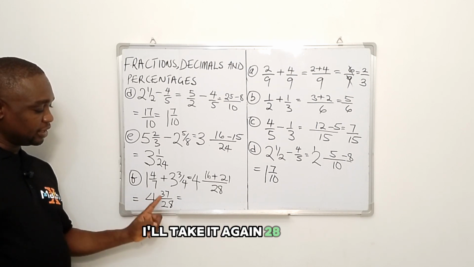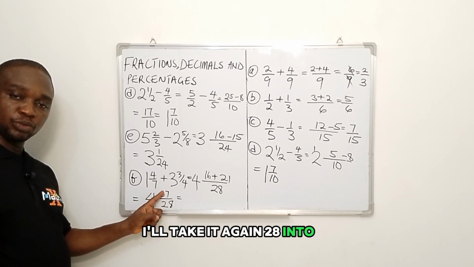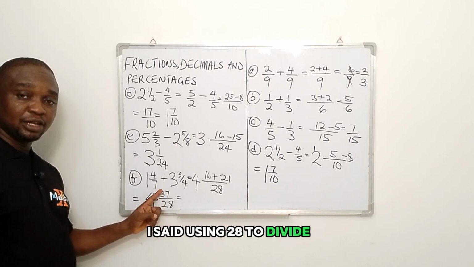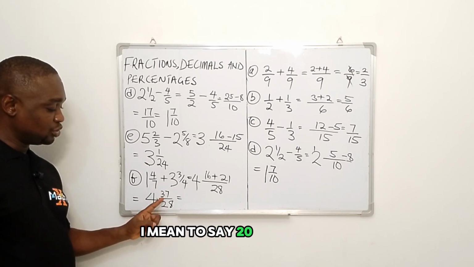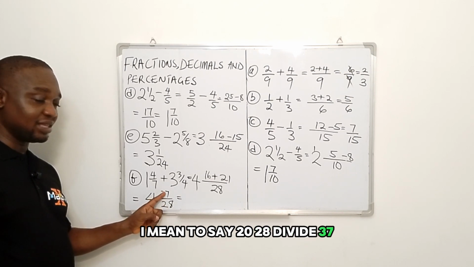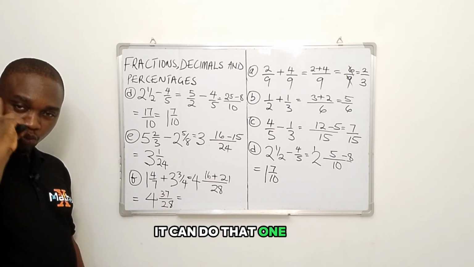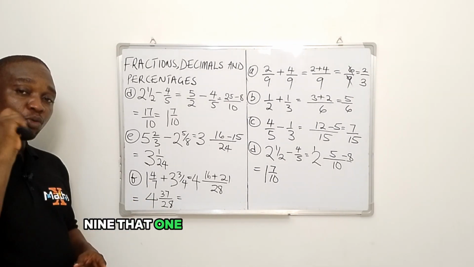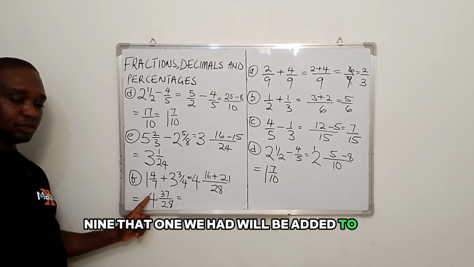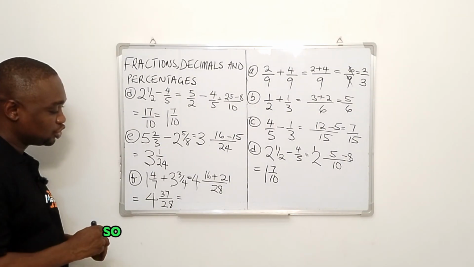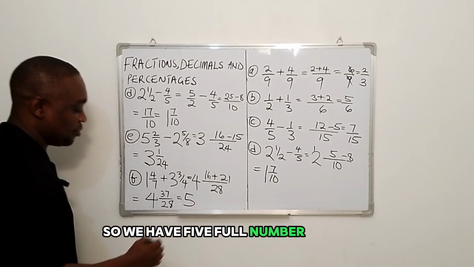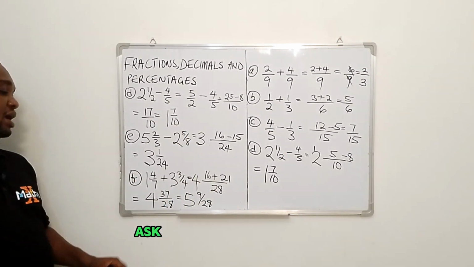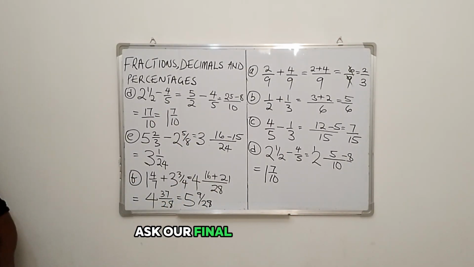Using 28 to divide 37, it can do that 1 time, and we have a remainder of 9. That 1 will be added to our 4 here. So we have 5 whole number 9 over 28 as our final answer.